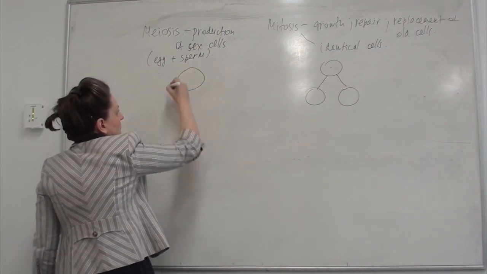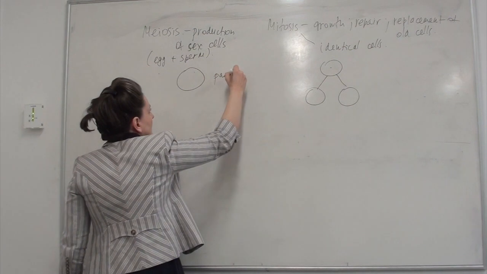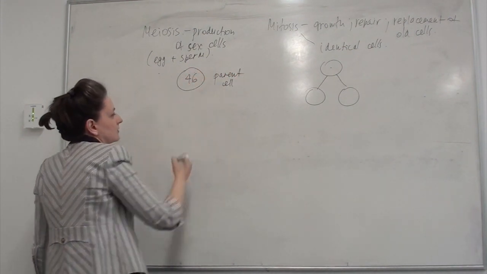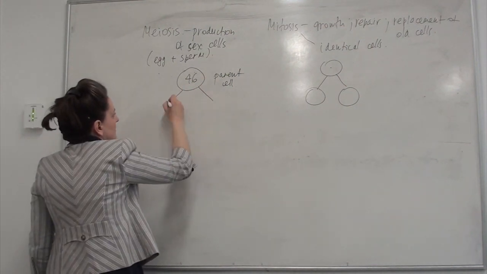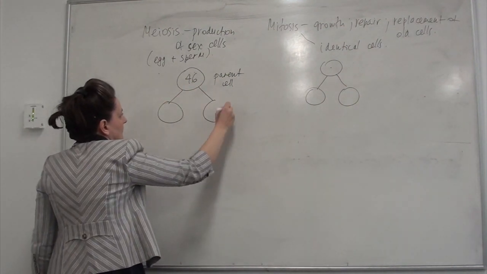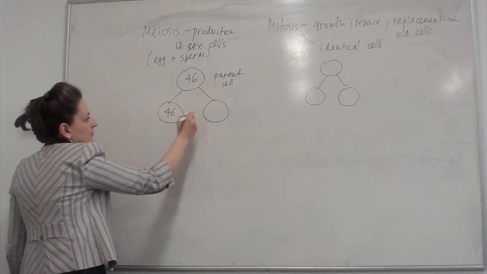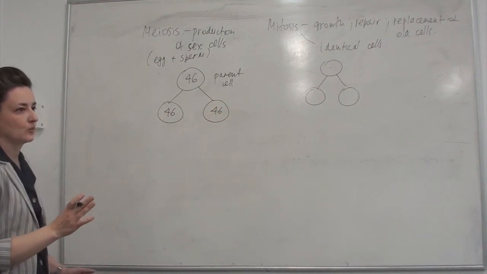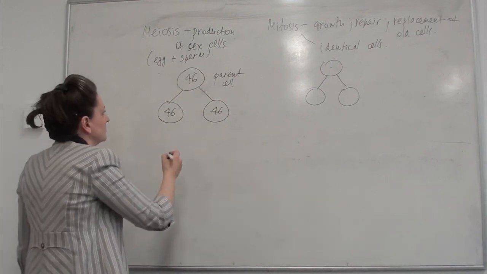So you start off with your parent cell, and that contains 46 chromosomes. Then you divide it once, and this one each still contains 46 chromosomes, but you'll see that those chromosomes change somewhat to make them different to the ones you started with.